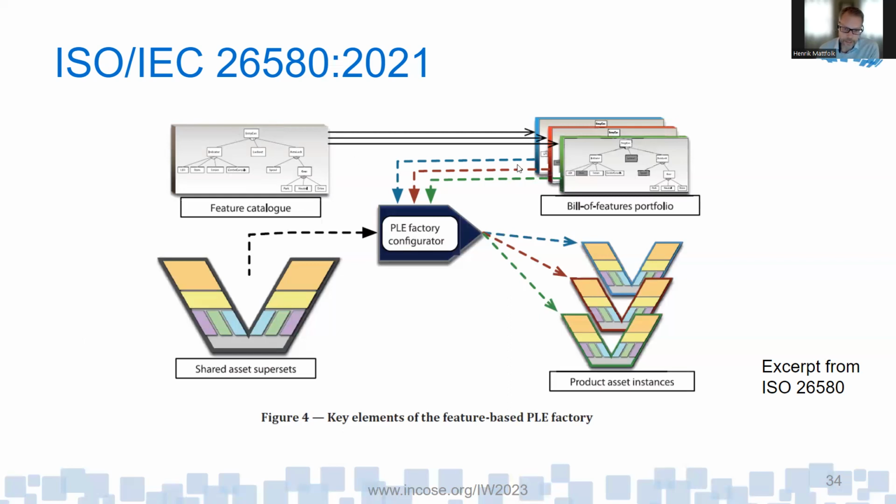And then, in order to create a specific configuration of a system, you basically make choices. You create a bill of features, and then you feed some kind of PLE factory with that bill of features, and it knows how to scale down and change these artifacts to properly describe that particular system that has those features.